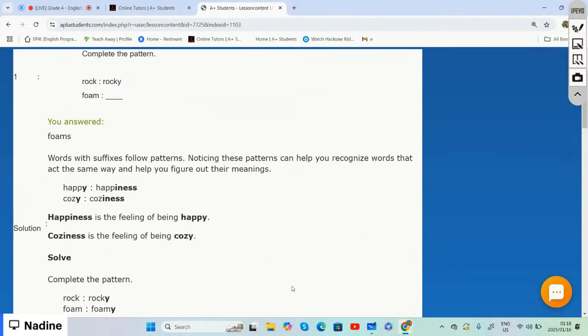And we see when it comes to word patterns, we have words with suffixes, and suffixes are either letters or a specific word that you add at the end of a base word.